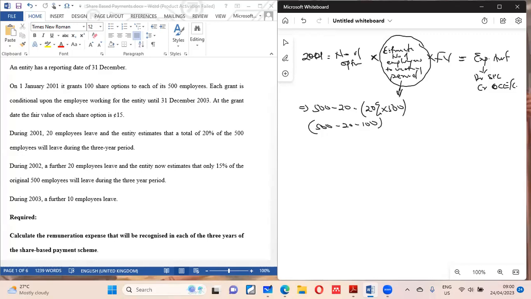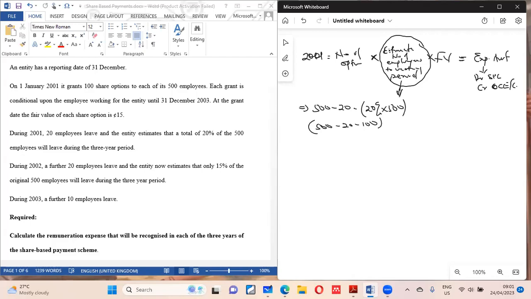Yes, please. Per the question, it says 20% of the 500 employees will leave during the year. So that means they are no longer with the organization. They will no longer be, it's an estimate. So to get the number of people expected to vest, it will be 80%.